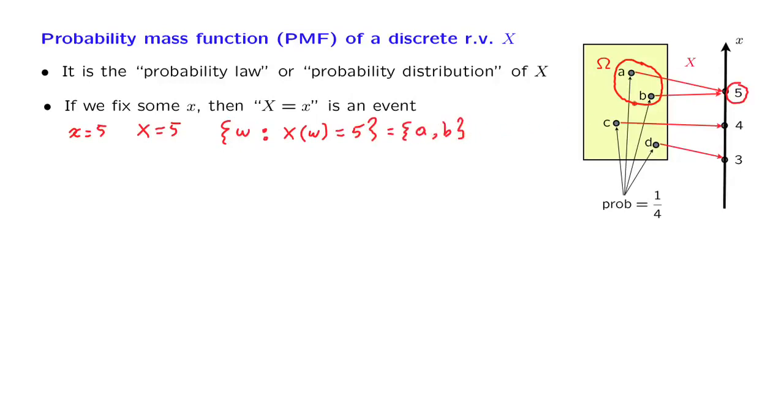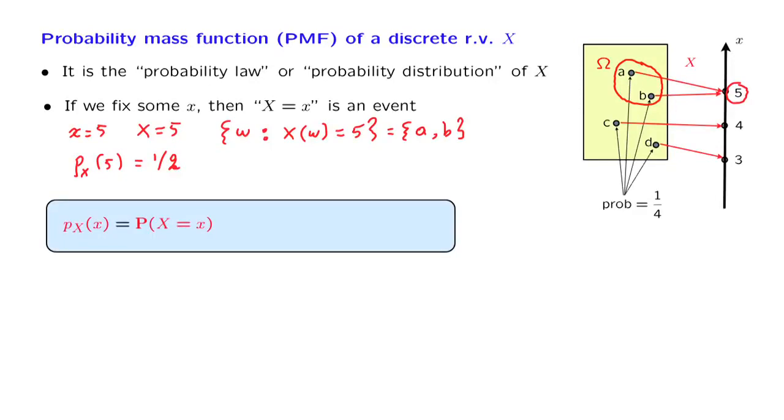It's a subset of the sample space, so it is an event. And it has a probability, and that probability we will be denoting with this notation. And in our case, this probability is equal to 1/2, because we have 2 outcomes. Each one has probability 1/4. The probability of this event is equal to 1/2.